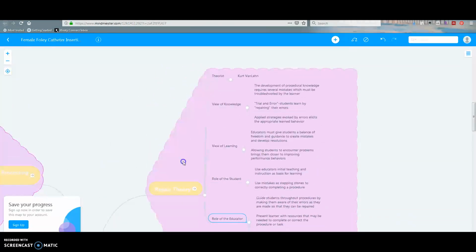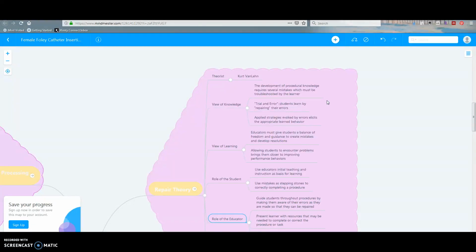Okay, so we have repair theory, and that's VanLehn. Repair theory is very interesting because, if you read any of his work, and actually the work that he did in the 1980s was done with another researcher, and I believe his name was Brown, but don't quote me on that.